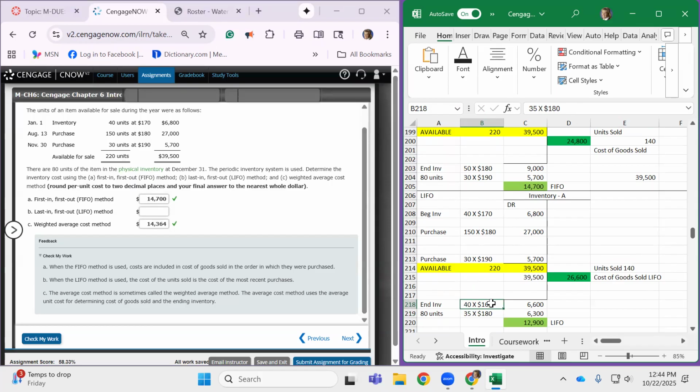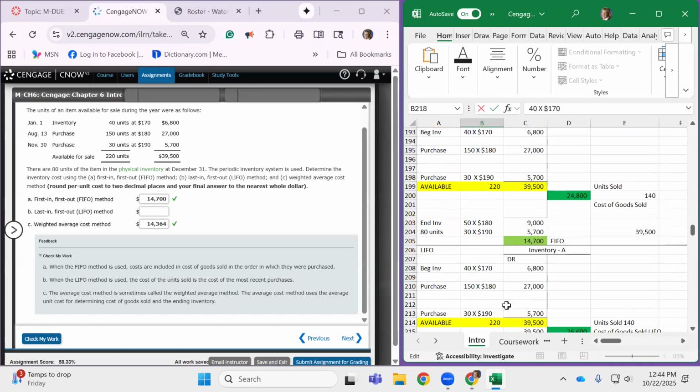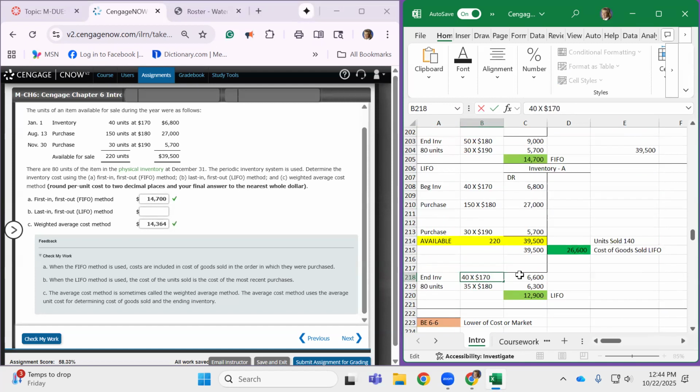So 40 at the 170 cost is your 6,800. And then the rest is 40 at the 180 cost. Okay, and I got to do the math inside of there. So this should be good, I think.